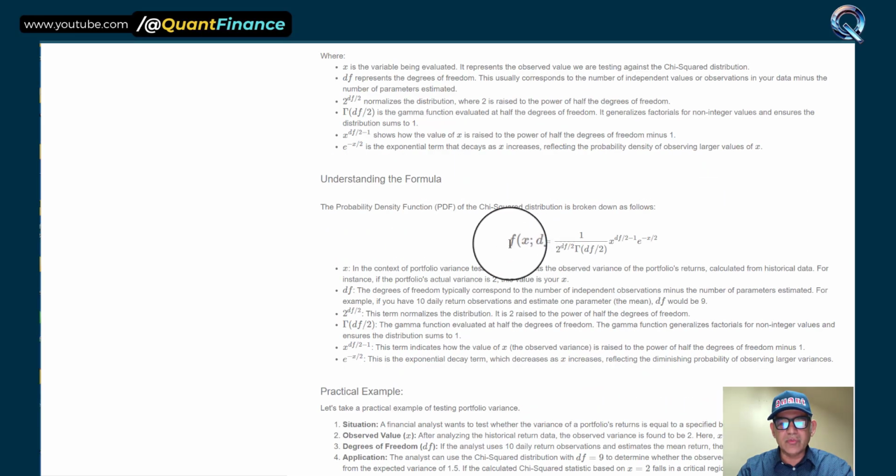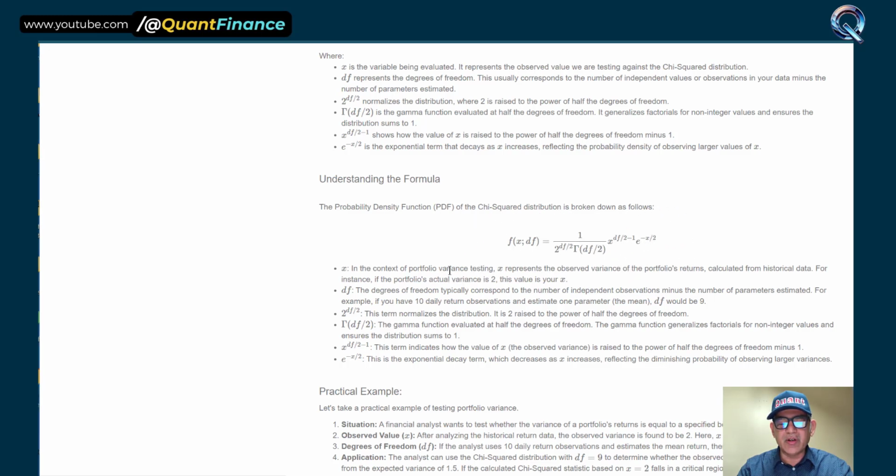Here in this formula, we have the function of x given degrees of freedom, which is explained by this formula. We will divide this formula into certain parts for understanding.